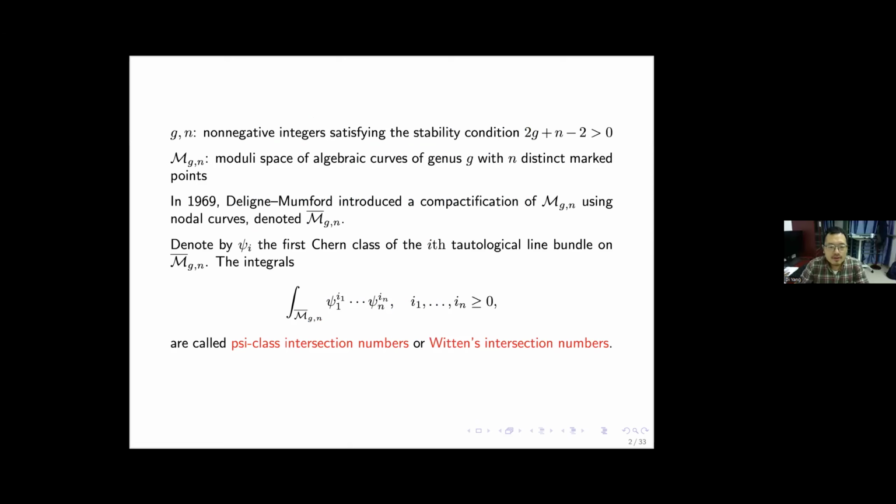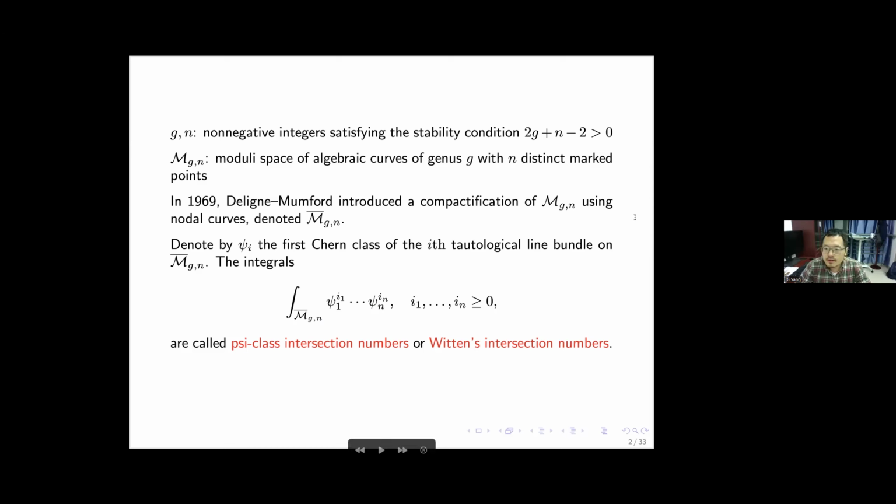Yeah, so let's start by considering a more familiar set of numbers, the Witten intersection numbers. Let G and N be non-negative integers satisfying the stability condition 2G minus 2 plus N is positive, and let MGN denote the moduli space of stable curves of genus G with N distinct marked points.